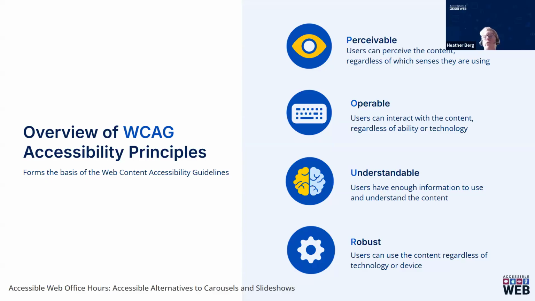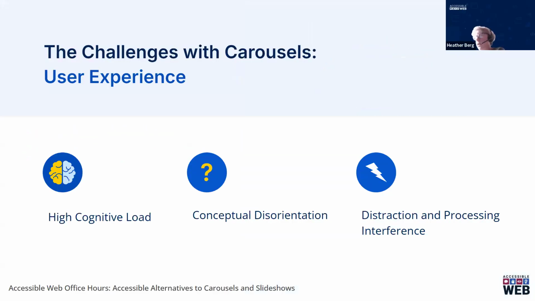So this is make sure that users have enough information to use and understand the content that's being presented to them. And then the R stands for robust, and this means that users experience the content works across different environments, devices, browsers, and types of assistive technology. So with that, we'll go ahead and jump into some of the specific examples here.